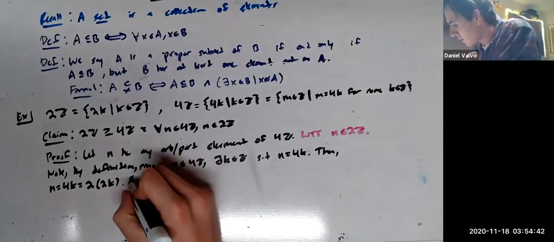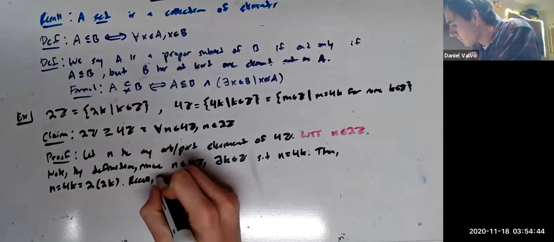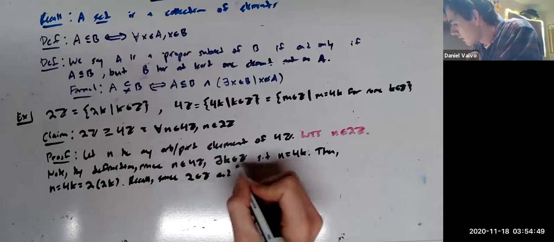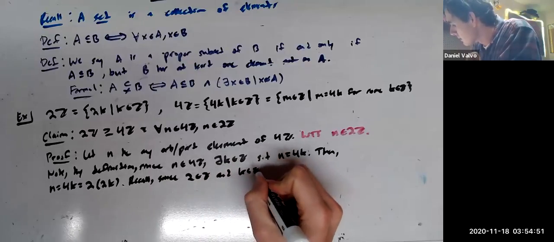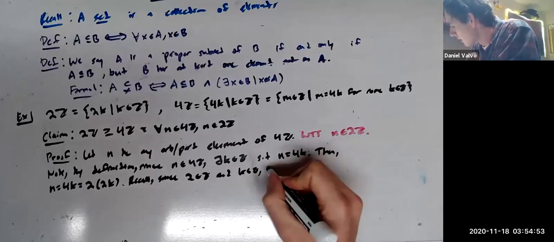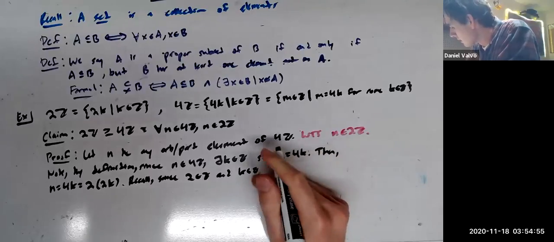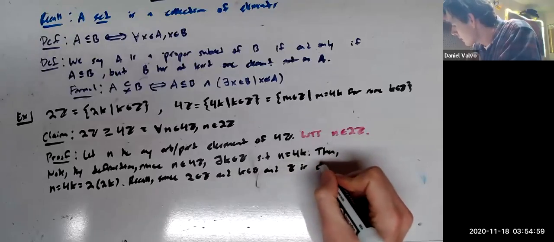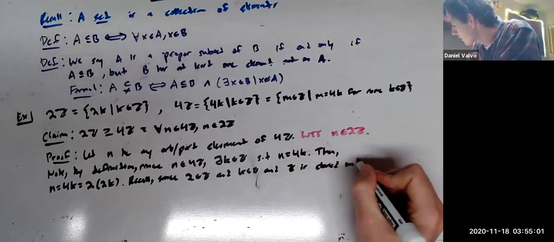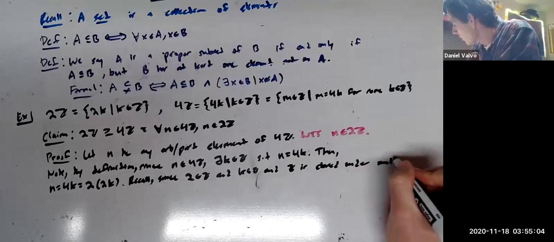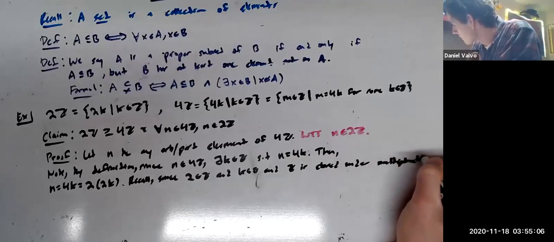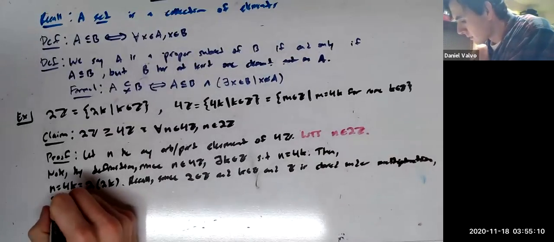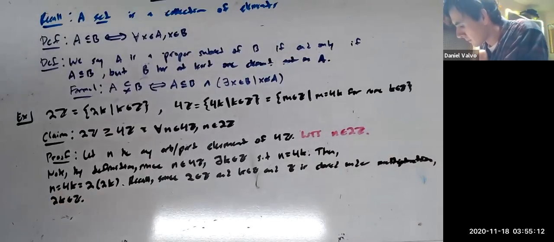Recall, since 2 is in Z and k is in Z, and Z is closed under multiplication, because of all that, 2k is in Z.